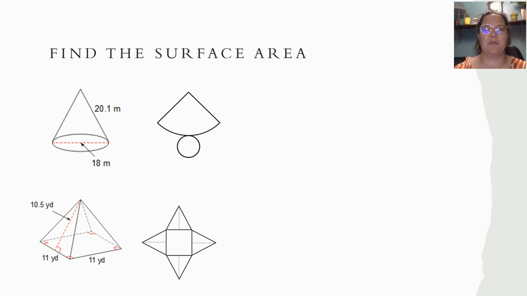Okay, we have a couple more diagrams here where we're going to find surface area of a cone as well as of a pyramid. So for the surface area, this is equal to pi r squared plus pi rs.